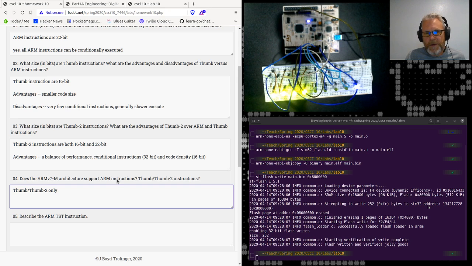Thumb and Thumb 2. So our processor does not have the full ARM instruction set, but it does do Thumb 2, which is how we're able to do things like conditional execution that we were doing in lab 10 and we'll also do in lab 11.